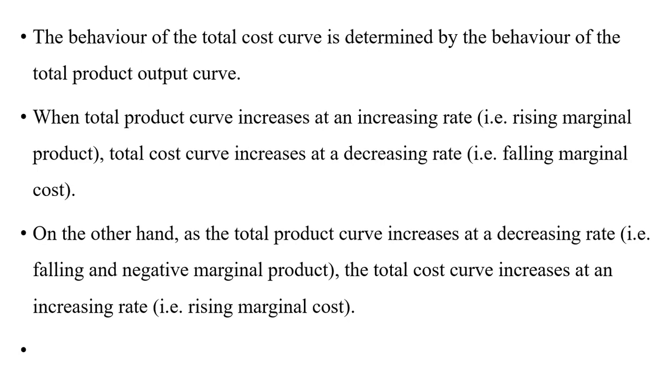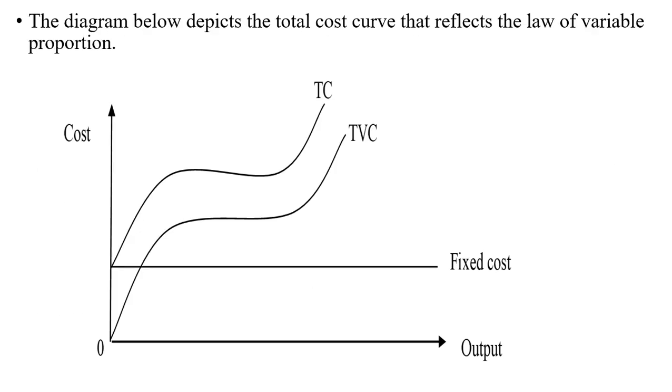On the other hand, as the total product curve increases at a decreasing rate, total cost increases at an increasing rate. So this is how the total cost curve looks. The total cost curve is the curve at the top, labeled TC. When you are reading many books, you may see total cost.